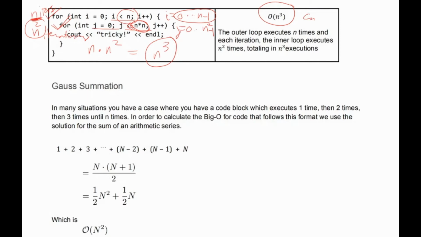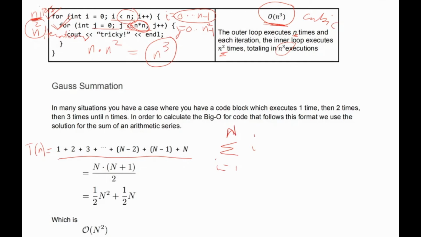This is cubic complexity. Now recall this expression we had in the previous video, when we let the complexity of n be the sum of i from 1 to n.